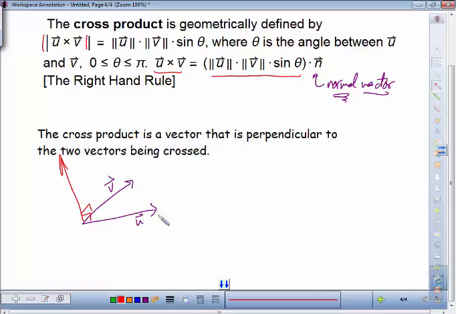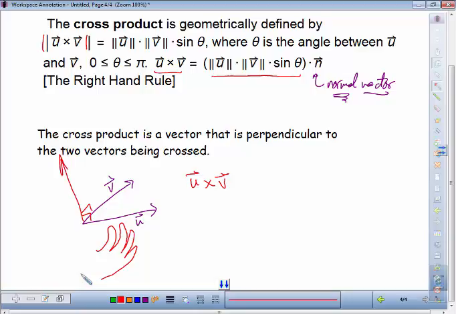So the right-hand rule tells us that when you cross u and v, where u is the first vector and v is the second vector, you take your right hand. Let's see if I could draw a hand. And then you wrap your fingers. So, hold up your two fingers again. Let's say your index finger is the first vector you're crossing and your middle finger is the second vector you're crossing. Hold up your two fingers with your left hand.